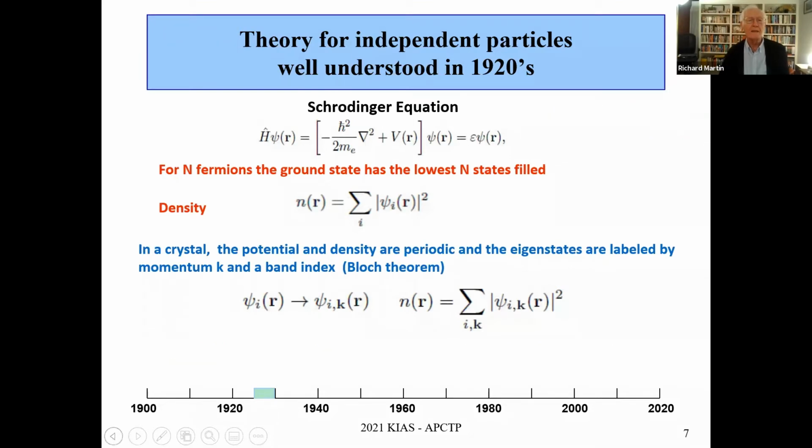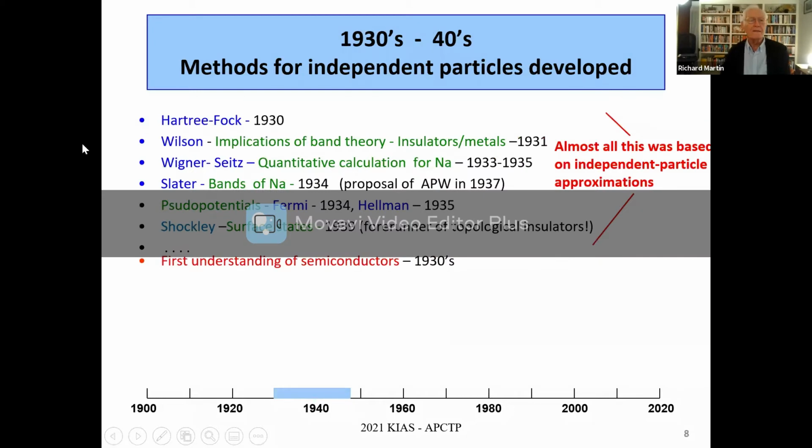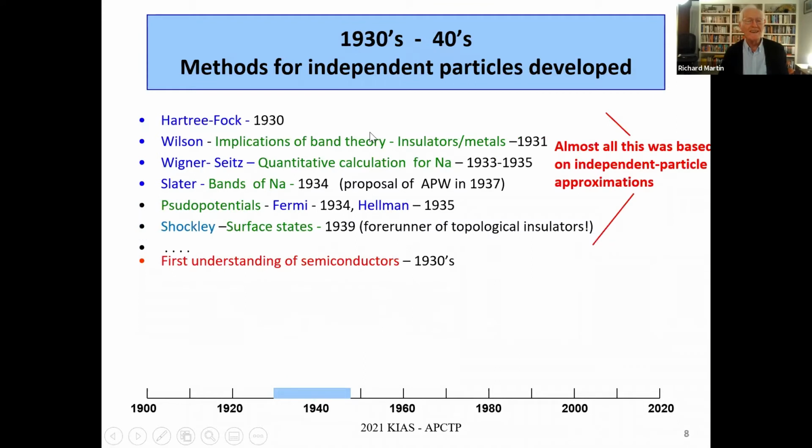And my next slide is about how much was developed in the 1930s, and how smart these people were to figure out how to do these problems, taking into account the interactions of the electrons to the extent that they could.